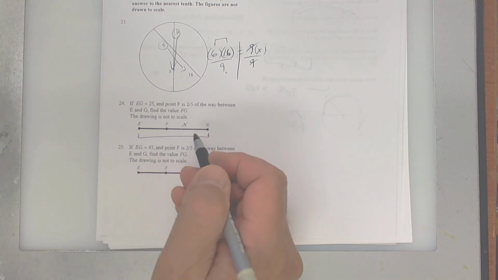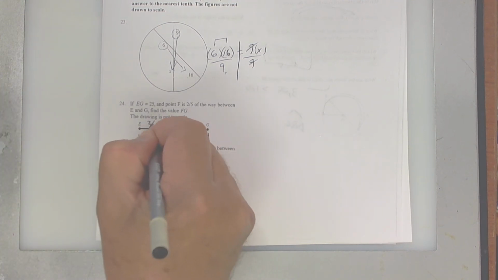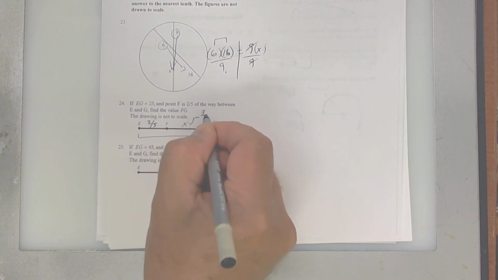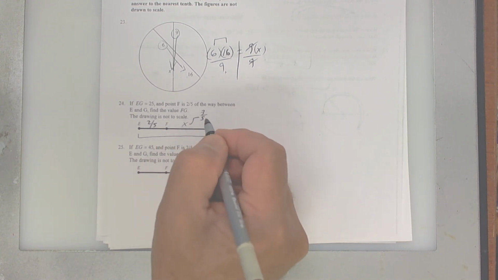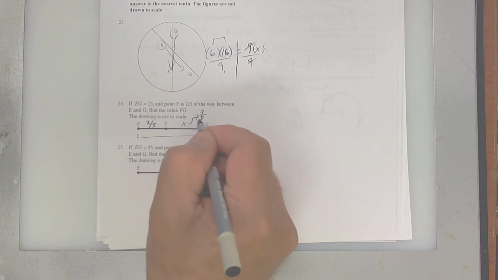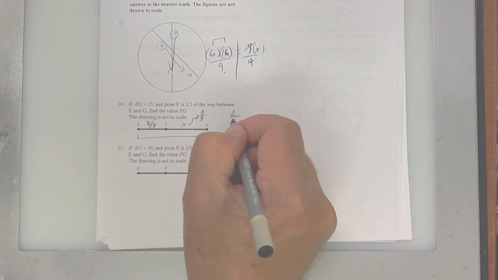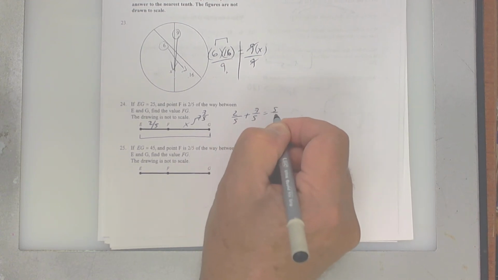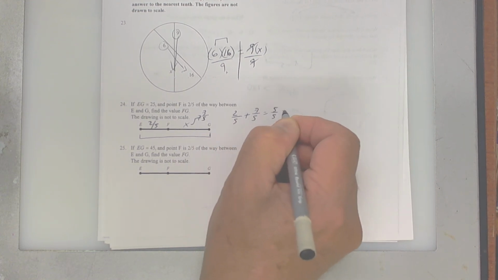So this is 2/5 of the way, and what you're looking for is 3/5 of the way, because it has to add up to 1. 2/5 plus 3/5 adds up to the whole thing, which is 5 over 5, which equals 1.